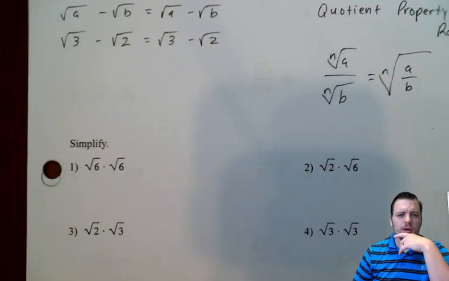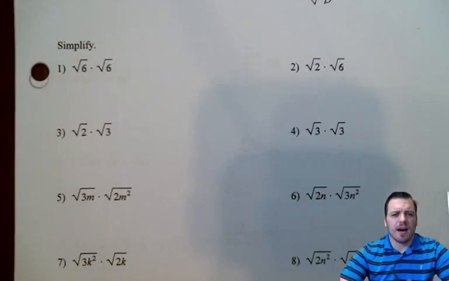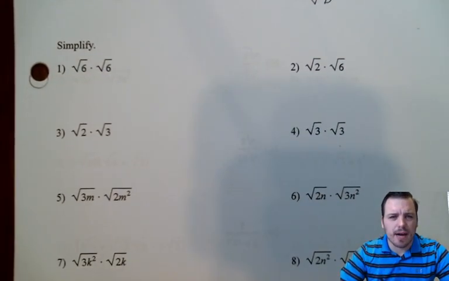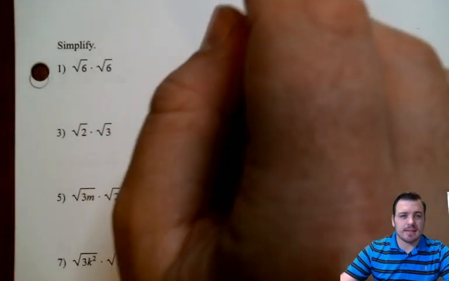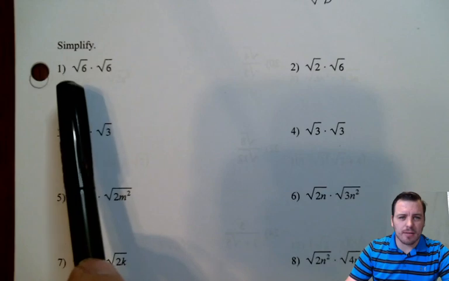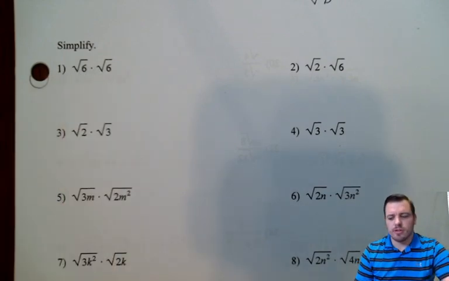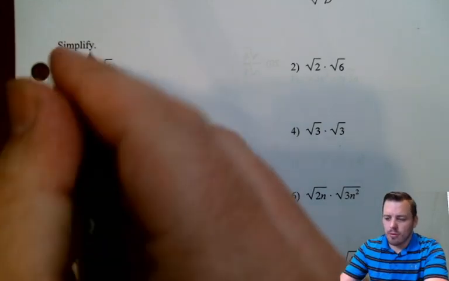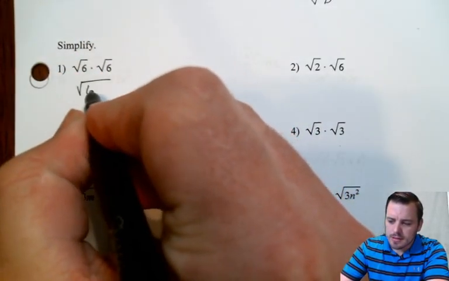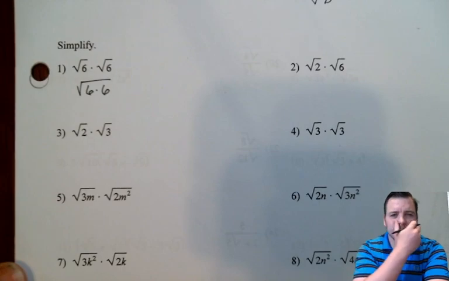Looking at number 1. It says simplify radical 6 times radical 6. Well, again, this is the product property. So when you have a radical times a radical, you are simply just going to say radical 6 times 6.